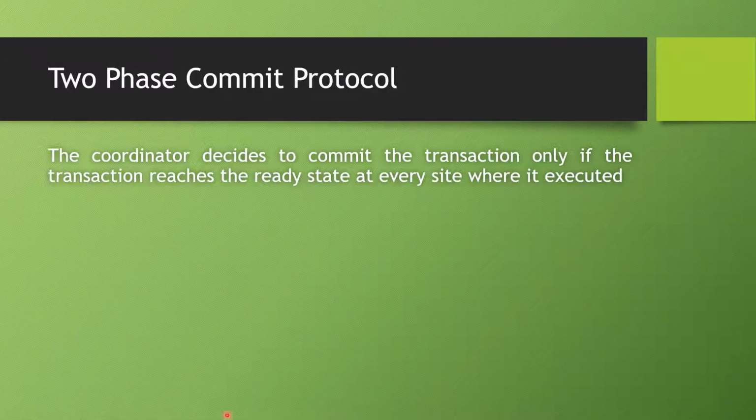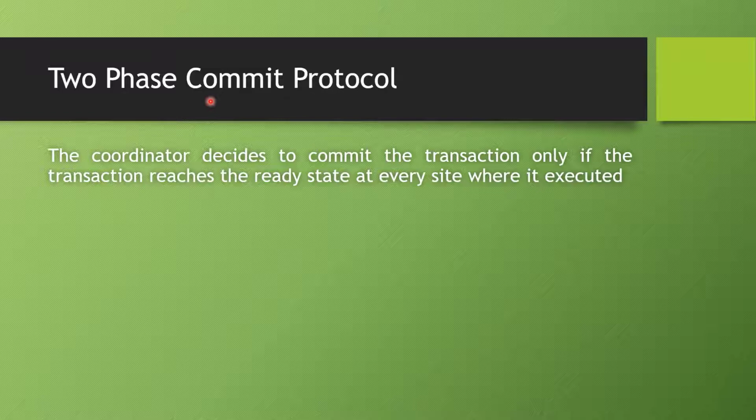Now, two-phase commit protocol is used to ensure the atomicity property of this transaction. As I said earlier, atomicity means all or nothing. The coordinator decides the entire transaction has to be committed only if all the sites participating in executing the transaction, in our previous case bank A and bank B, say that they have executed their part completely correctly.